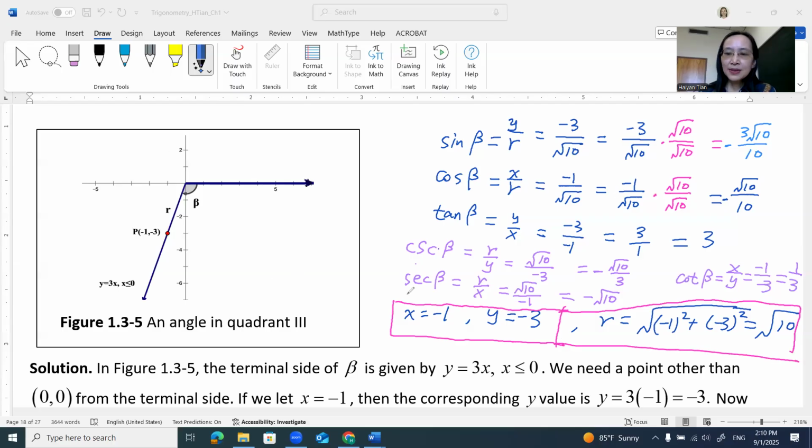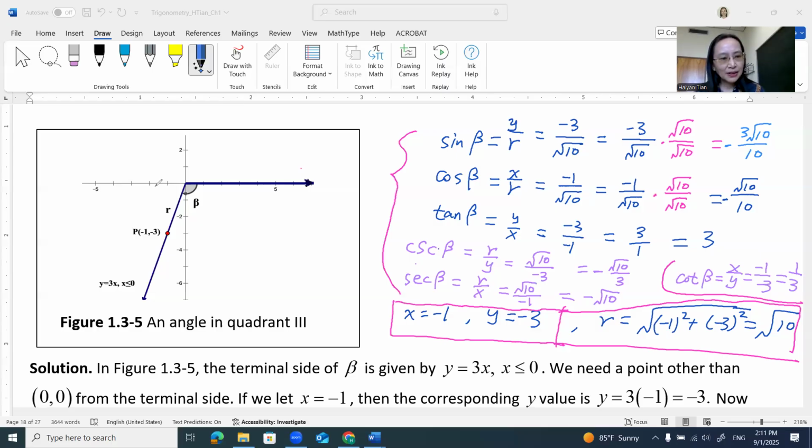Once you get x, y, r, then you are ready to calculate each one of the 6 trigonometric function values for the given angle beta. So we did this one.